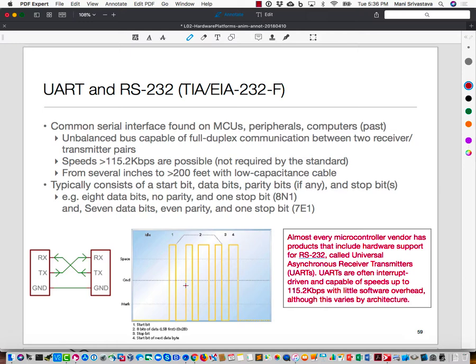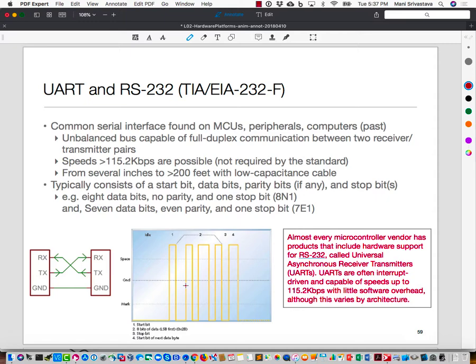It's a very common serial interface that you will encounter on all sorts of peripherals, and almost any MCU out there will support it. It also used to be available as an explicit port on your computers, but lately it has disappeared because USB does this and more. But in the embedded arena, it is still very much there.